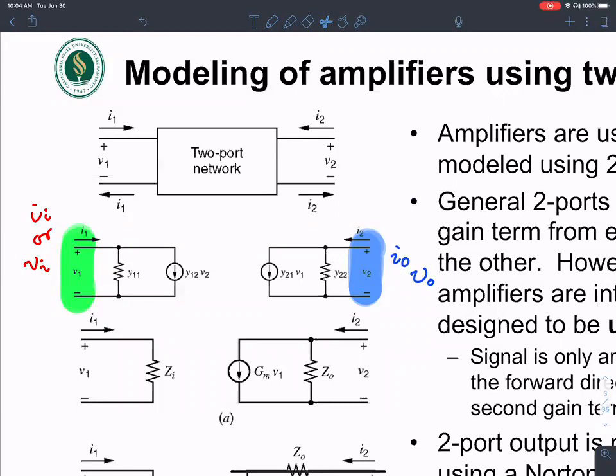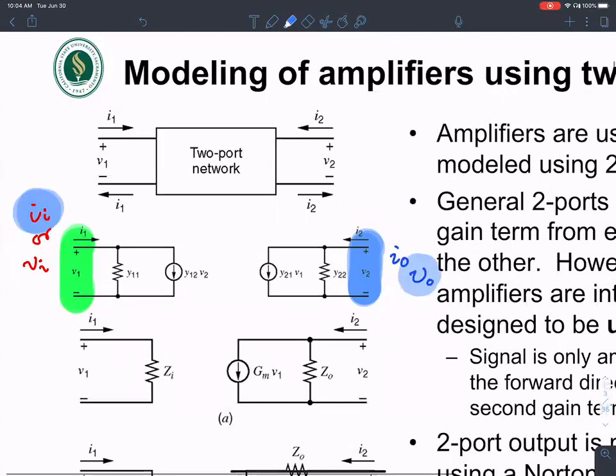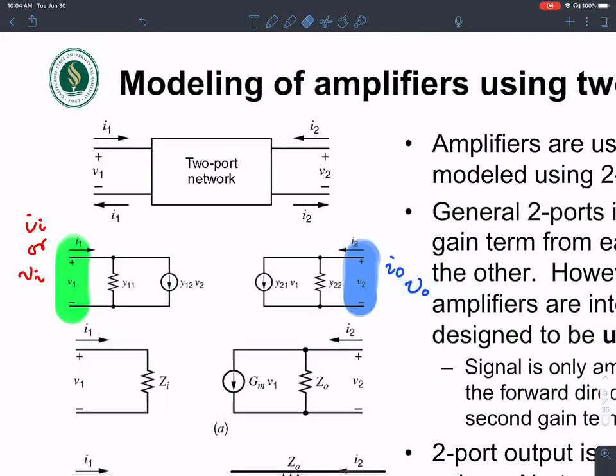Depending on the different combinations of input and output, we can have an input current and an output voltage, or any other combination between the four input and output variables.